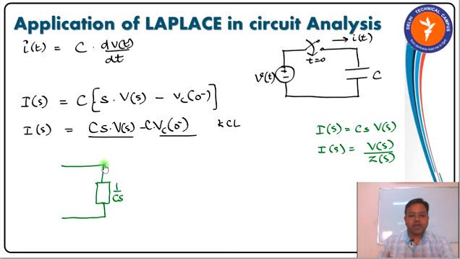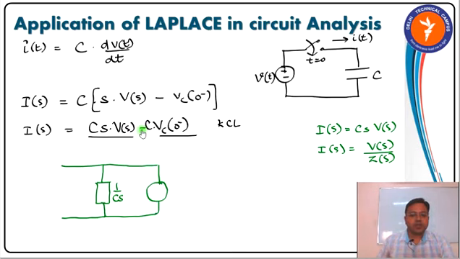Now there will be another part connected in parallel to it. This all is constant, it is not depending upon s. So I would say that this would be a current source, so I will draw a current source in parallel to it.